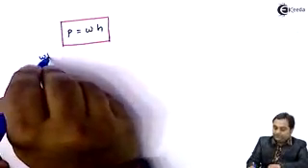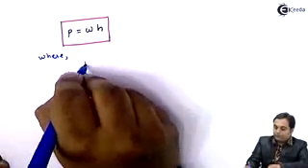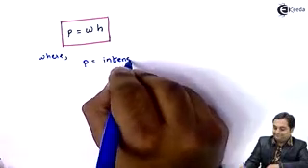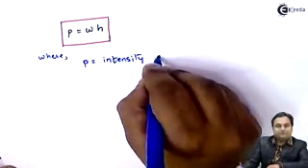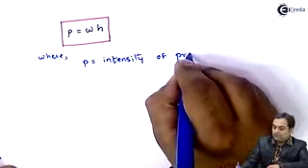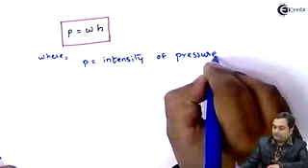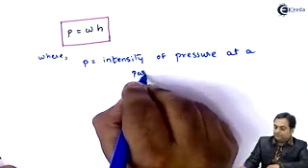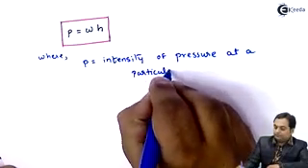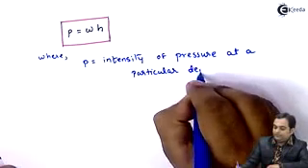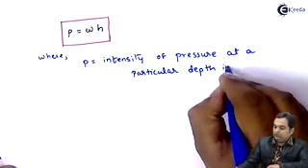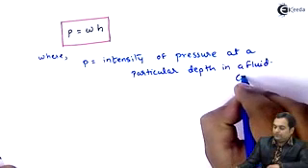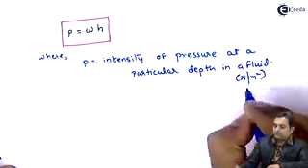where P is the intensity of pressure at a particular depth in a fluid. Its unit would be Pascal, that is Newton per meter square.